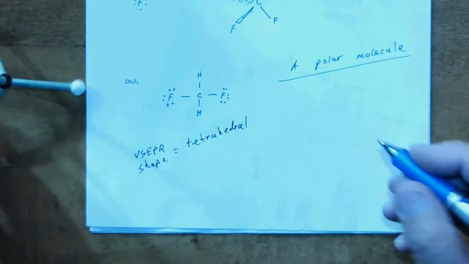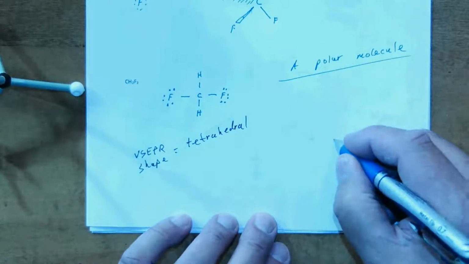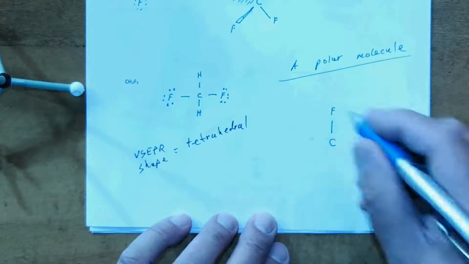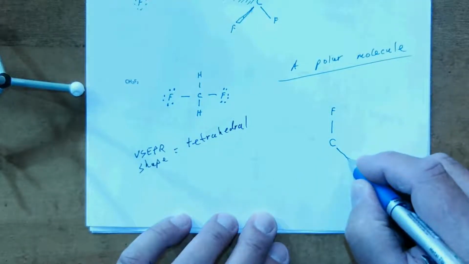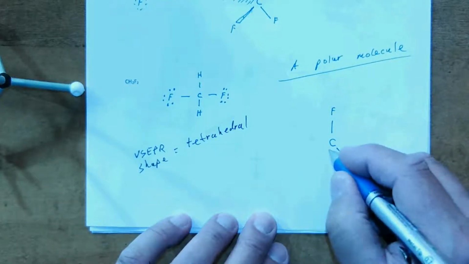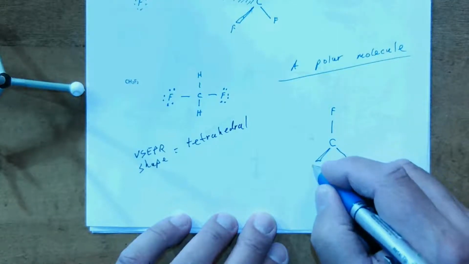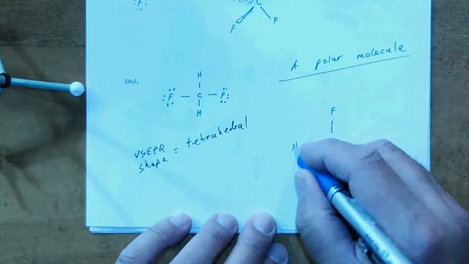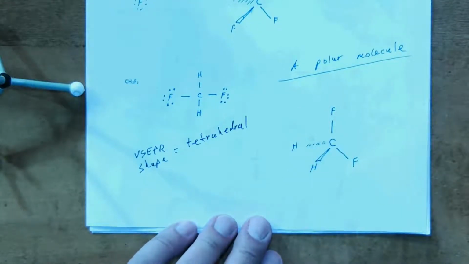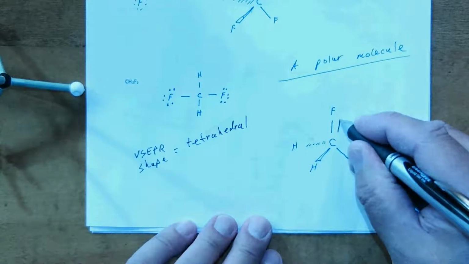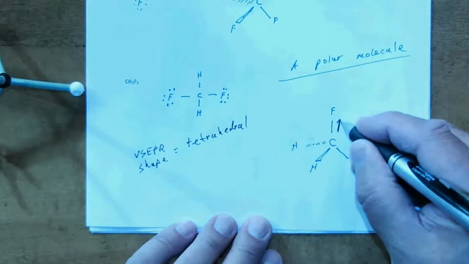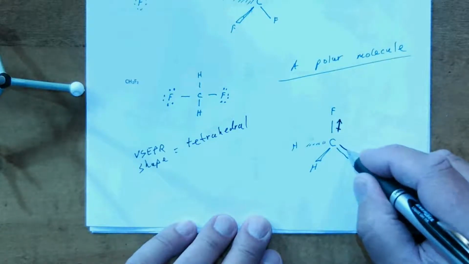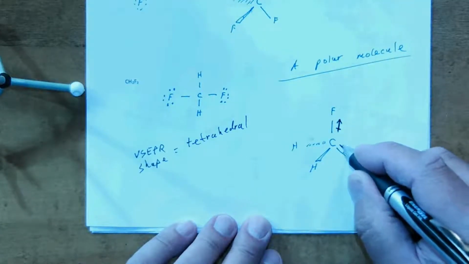So if you had to draw it, you could draw it like this. You could say carbon bonded to fluorine, bonded to fluorine. You put your hydrogens here. Again, the hydrogens are having very little effect on it, but that's your tetrahedral drawing. And you'd say, hey, I've got a pretty good strong dipole from the fluorine pulling like that. I got a good strong dipole from the fluorine pulling like that.